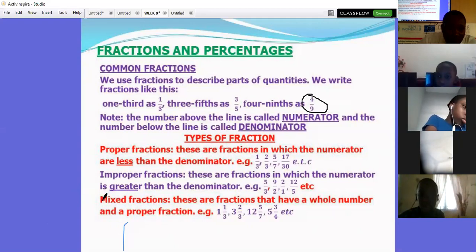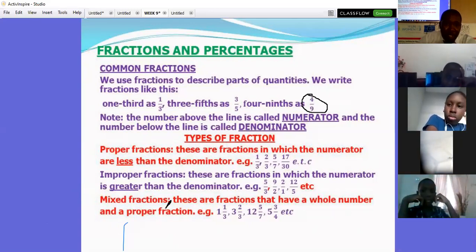So let's move on to mixed fractions. Mixed fractions can also be called mixed numbers. In terms of fractions, these are fractions that have a whole number and a proper fraction.